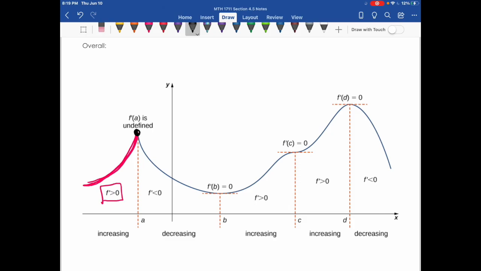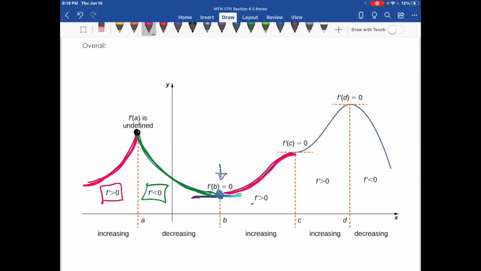When we get to this point right here, we have a cusp, which means the derivative at that point A is undefined. It's not differentiable at that point A. Then, if we keep going, on this interval the graph is decreasing, so the derivative is negative. At this point right here, we have a horizontal tangent line, so the derivative at that point, b, is 0.